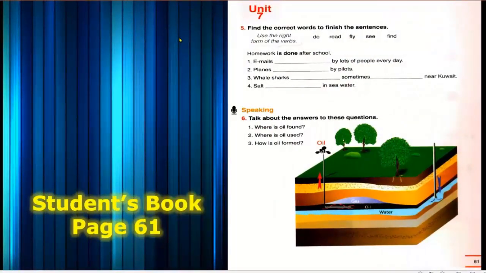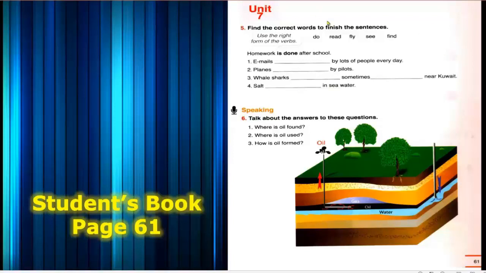Now please let's go to the next page. It's page 61. Find the correct words to finish the sentences. Use the right form of the verbs do, read, fly, see, find. As we talk about the passive voice, so we put the verbs in the third form.